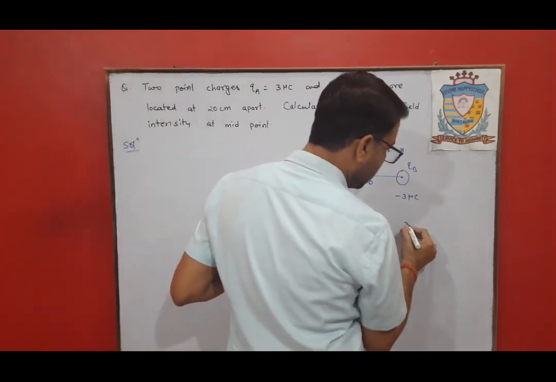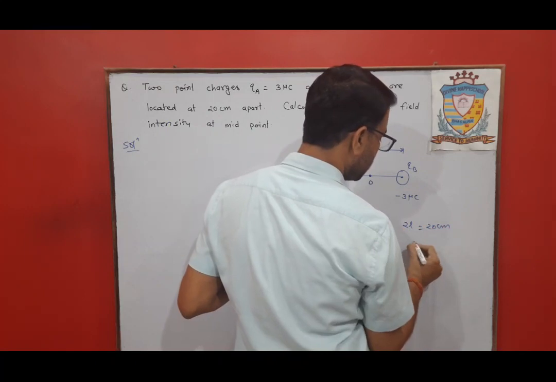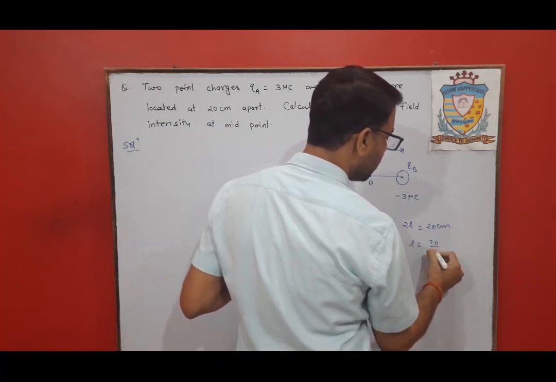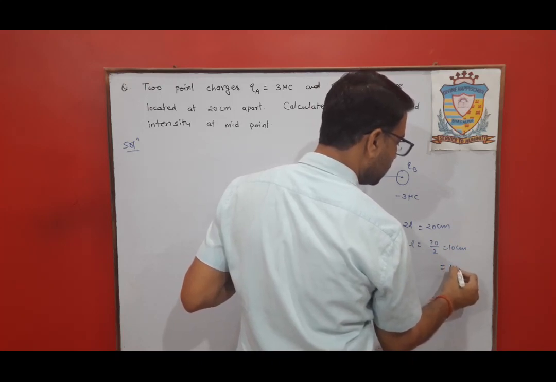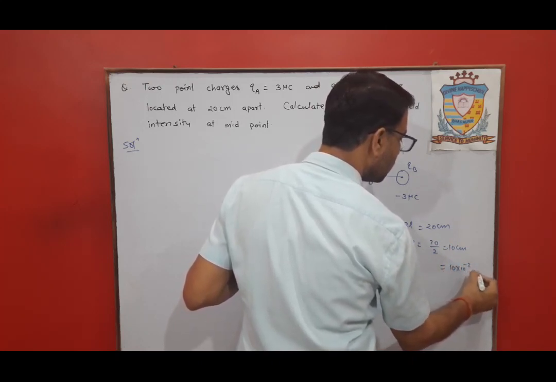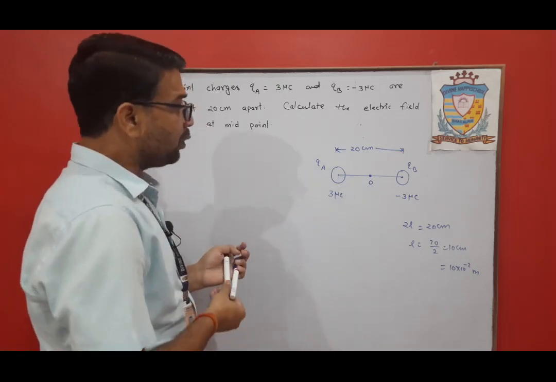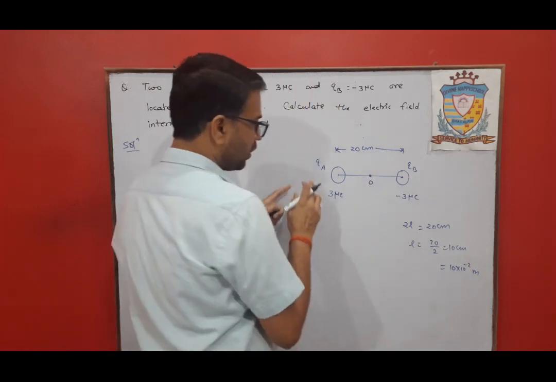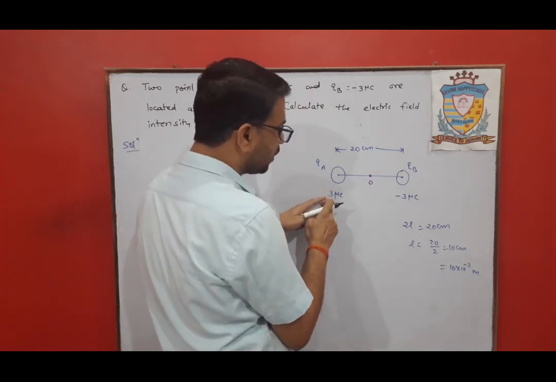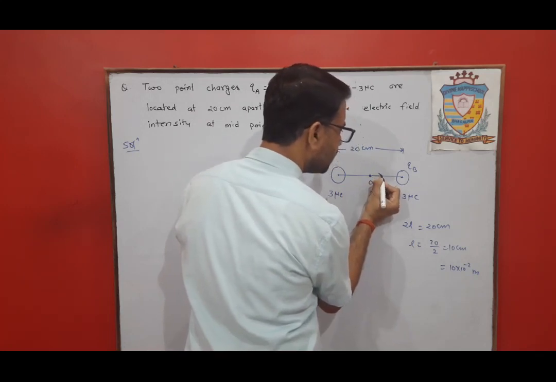Here, the value of 2L or 2A is given as 20 centimeter. So, L is equal to 20 upon 2, which is 10 centimeter, or you can say 10 into 10 to the power minus 2 meter. Clear? Now, if we put a unit positive charge over here at this point, the electric field intensity due to this positive charge will be in this direction.